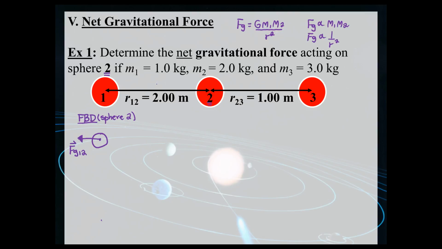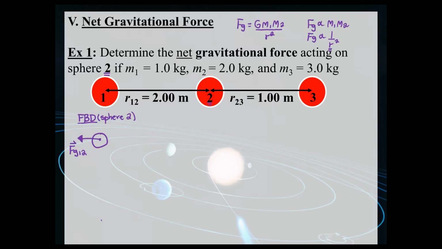Okay, so let's look at this. How do 1 and 3 differ? Well, object 1 has a lower mass than object 3. So the first part of the equation would tell me that the force of attraction towards 3 would be bigger because mass 3 is larger. The other one tells me that if the distance between them is smaller, the force is bigger.